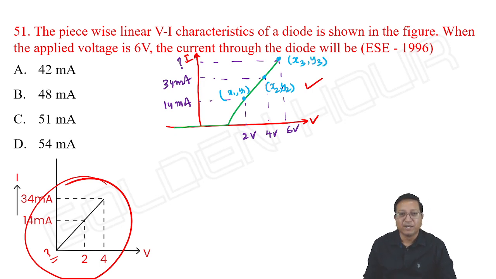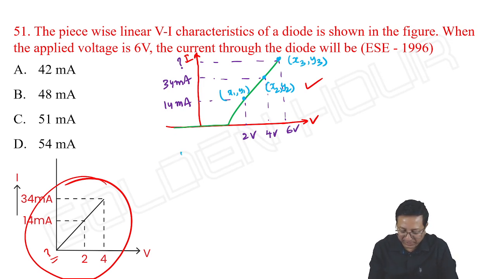Okay, x1 y1 means 2 volts comma 14 milliampere, x2 y2 4 volts comma 34 milliampere, and x3 y3 6 volts comma how much? That's what we need to find. Okay, so how do we do this problem?